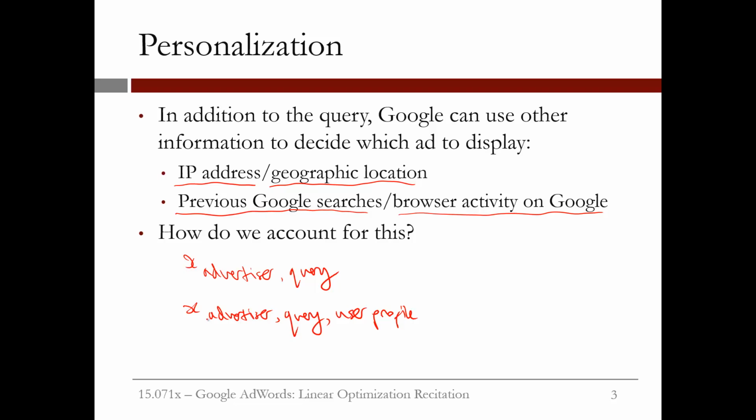If we had 3 user profiles, we could name them P1, P2, P3. And then for AT&T for query 1, we would use XA1,P1 to denote the number of times that we display AT&T's ad with query 1 for a user of profile P1. The rest of the model could then be easily accommodated for this new type of modeling consideration.